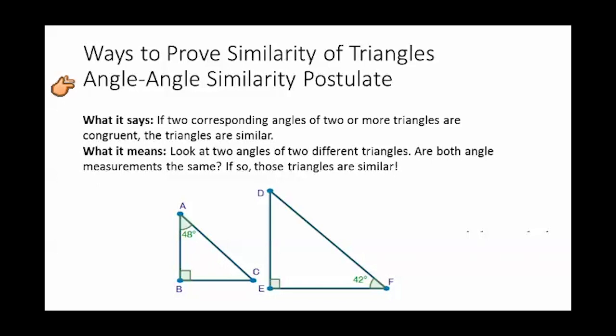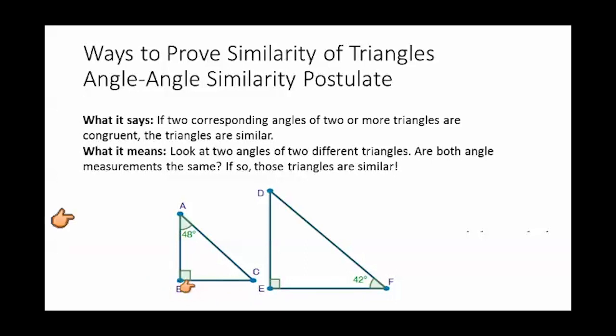So I need to look at my triangles and see, well, do I have 2 angles that are the exact same measure that correspond? Well, here I'm given 48. Here I don't have anything. For angle C, I have nothing, but angle F, I have 42, and then I'm given these little boxes which represent right angles.